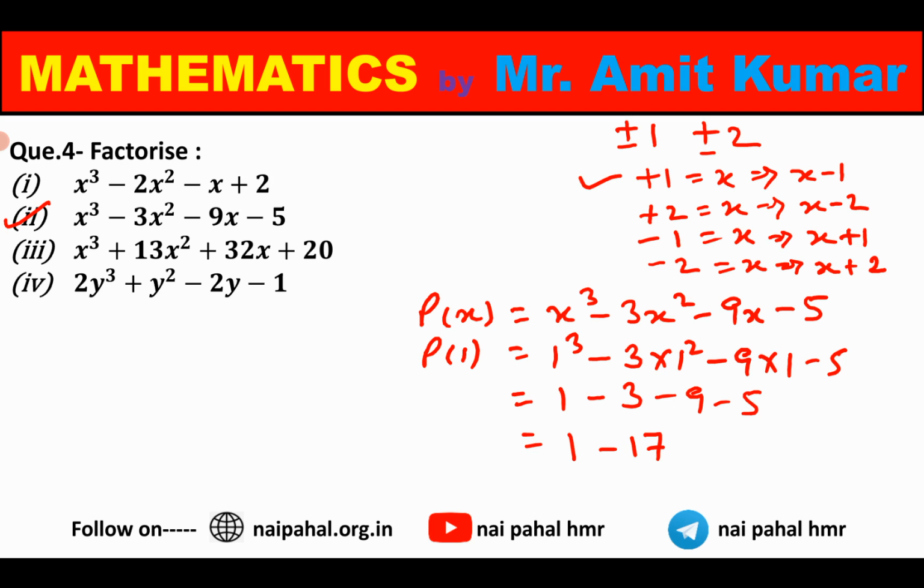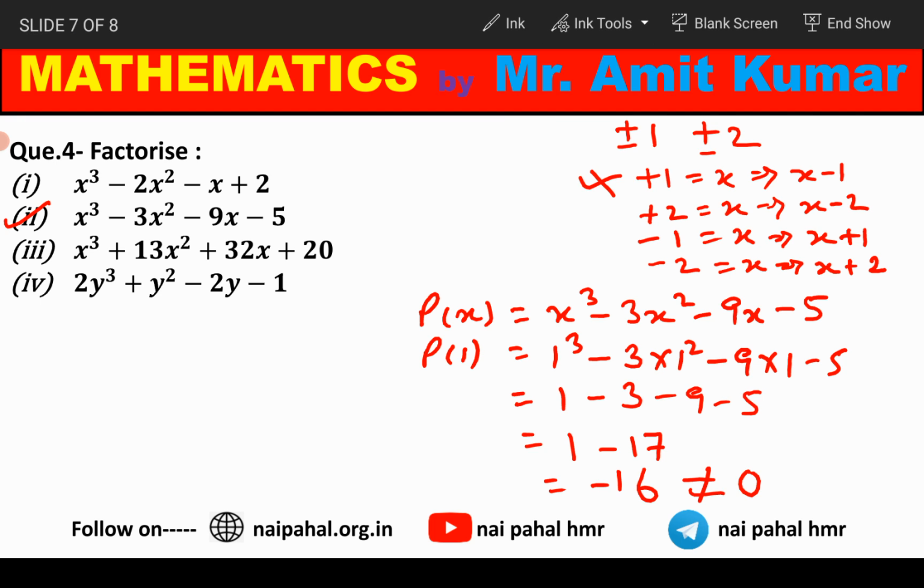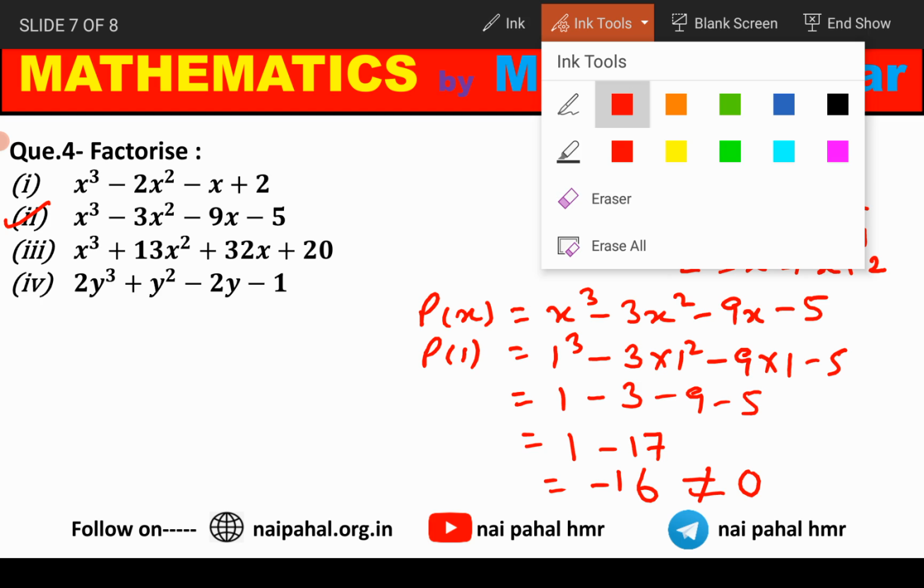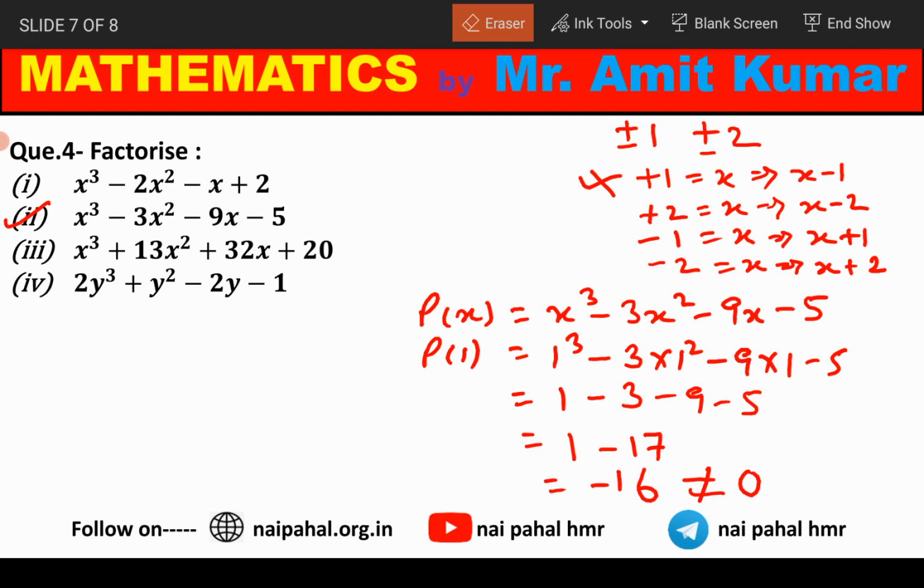So we can write all factors of Px are x minus 1, x plus 1 and x minus 2.